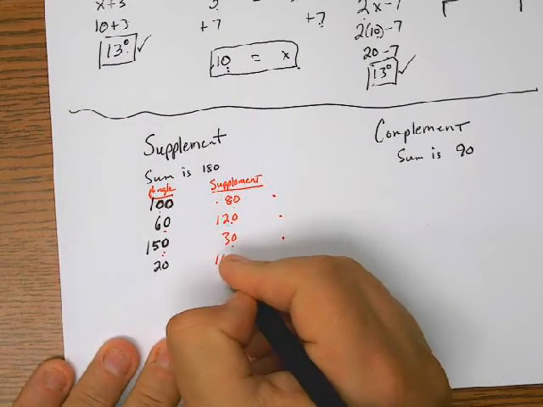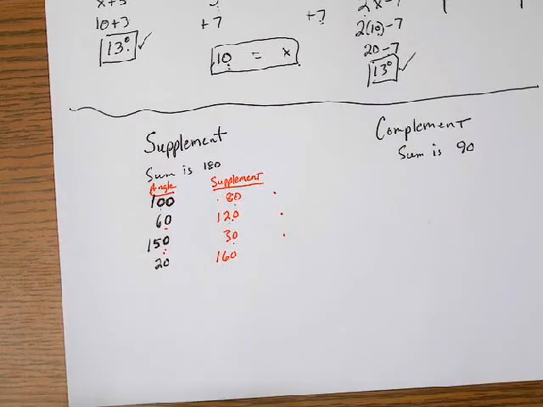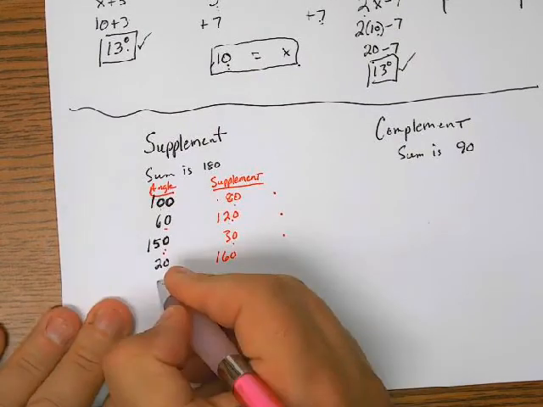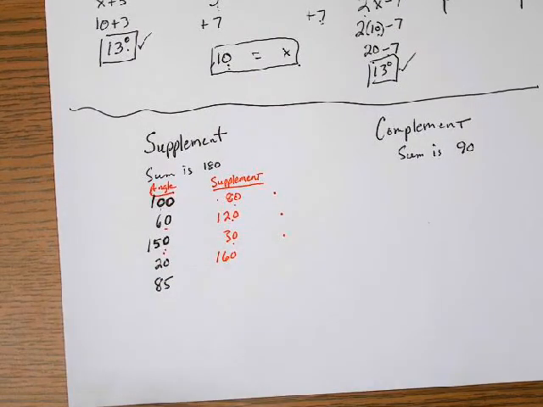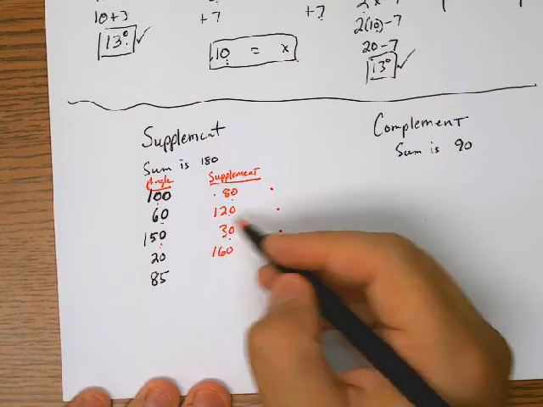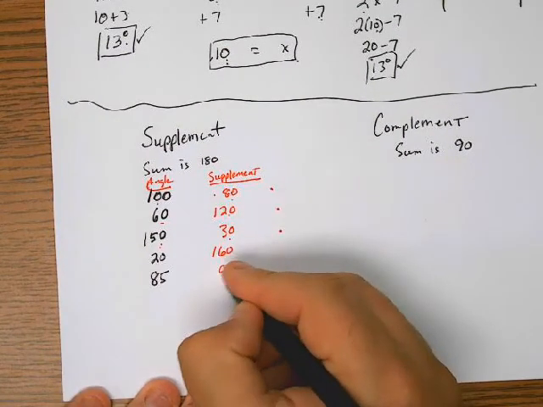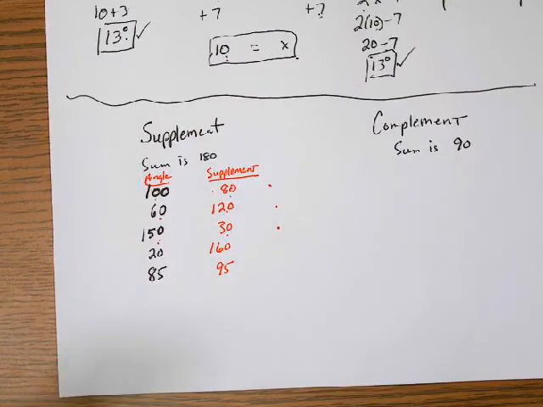All right, Bo, let's give you a tougher one. One of the angles is 85. Don't use your calculator. 95. Very good. Elise, we're going to give you the toughest one of all.